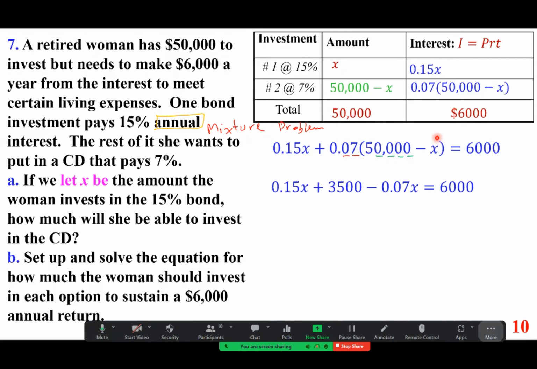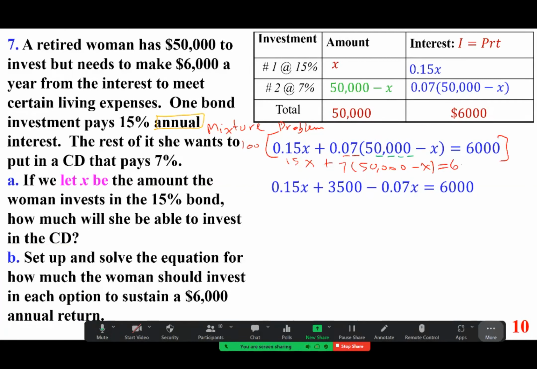So you can do it without multiplication, without getting rid of decimals. But if you were to get rid of the decimals, the proper way would be to multiply this by 100. And if you did that, it would give you 15x plus 7 times 50,000 minus x.